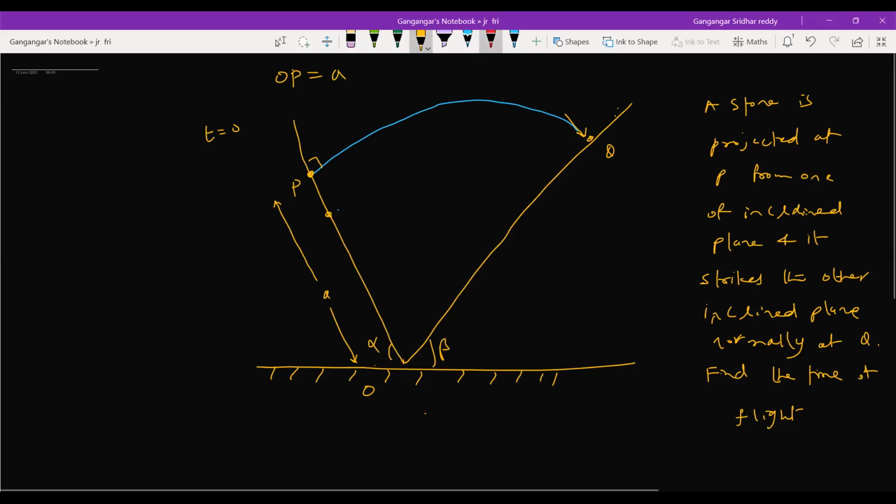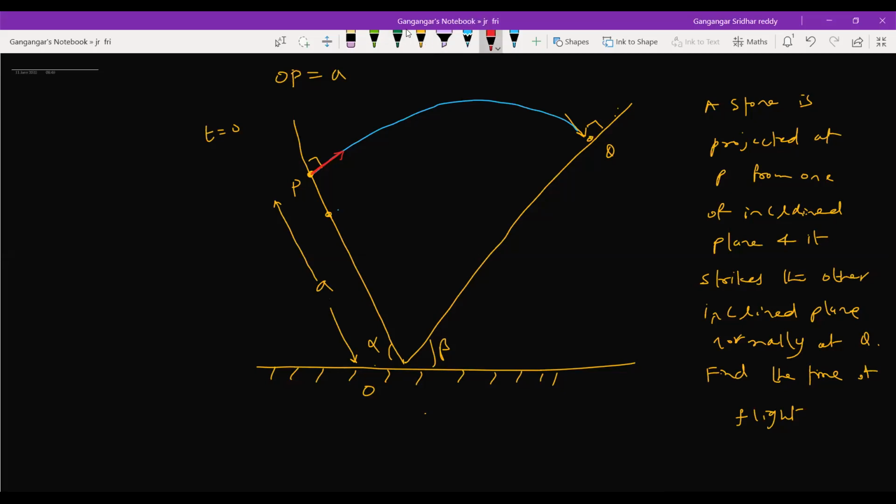Here we have projected with a certain speed that is also not given, and it will strike the other incline normally here also.